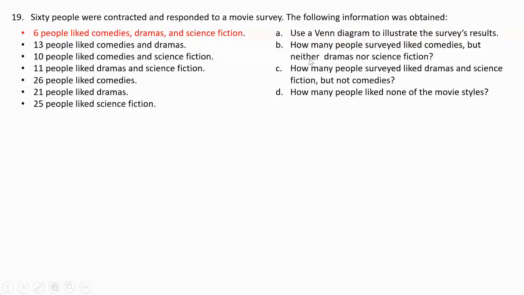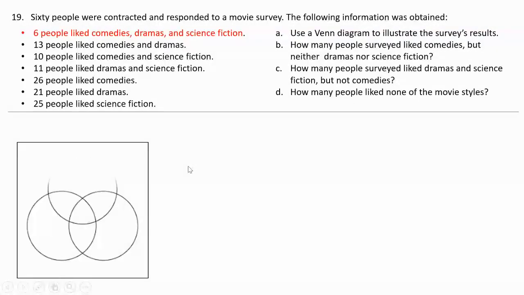So here it's a four-part question. The first part, they want you to use a Venn diagram to illustrate the survey's results. So let's do part A. We have to do a Venn diagram. I'm going to let each one of these circles be a set. But first of all, there were 60 people, so the 60 is the universal set.